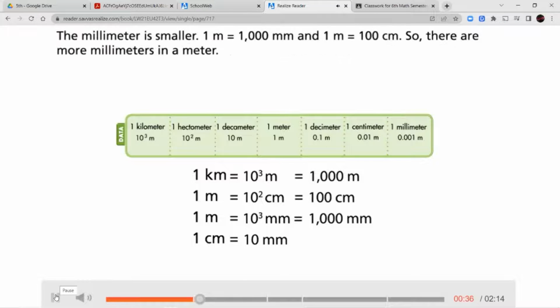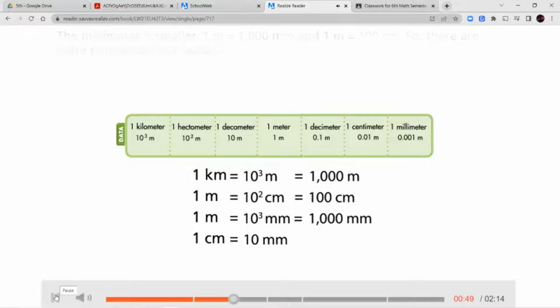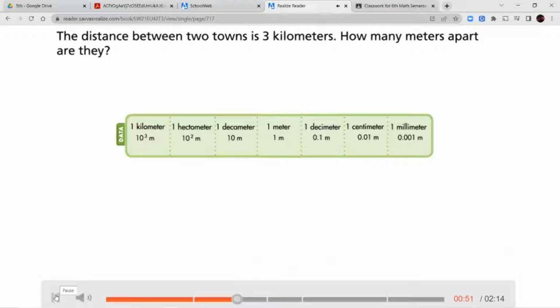The millimeter is smaller. 1 meter equals 1,000 millimeters, and 1 meter equals 100 centimeters. So there are more millimeters in a meter. The distance between two towns is 3 kilometers. How many meters apart are they?